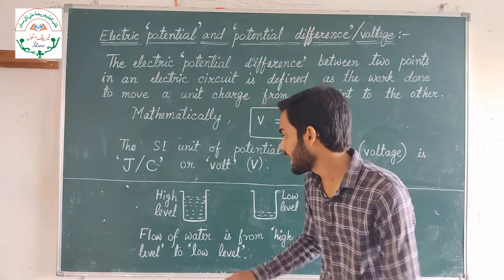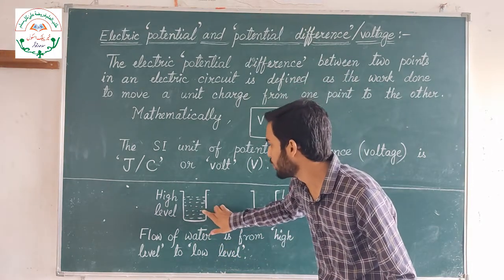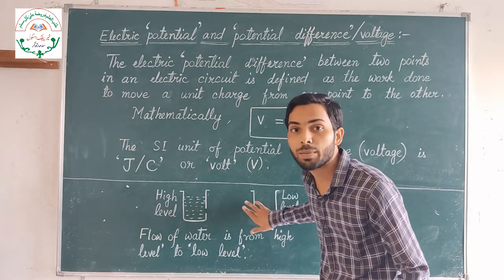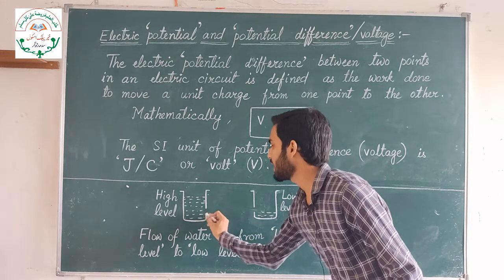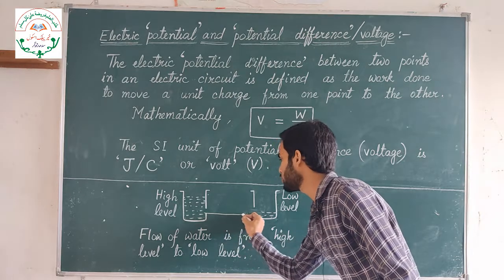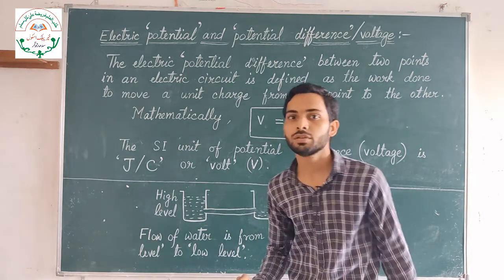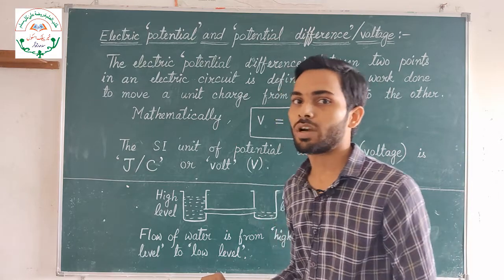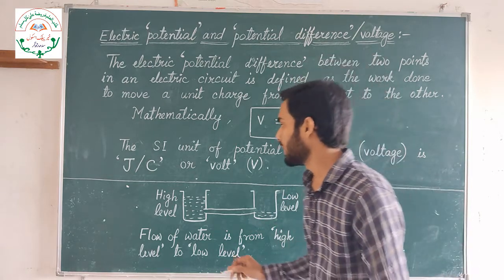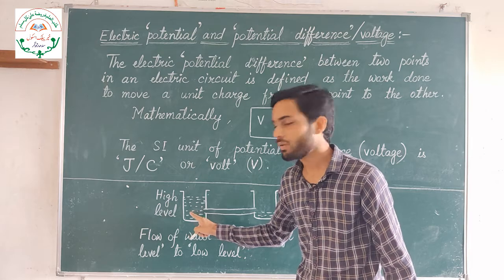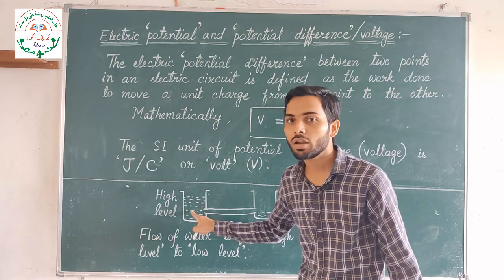But suppose that I am joining both beakers with a pipe, then my dear students, can you guess what will happen? The water will flow from this beaker to this beaker.